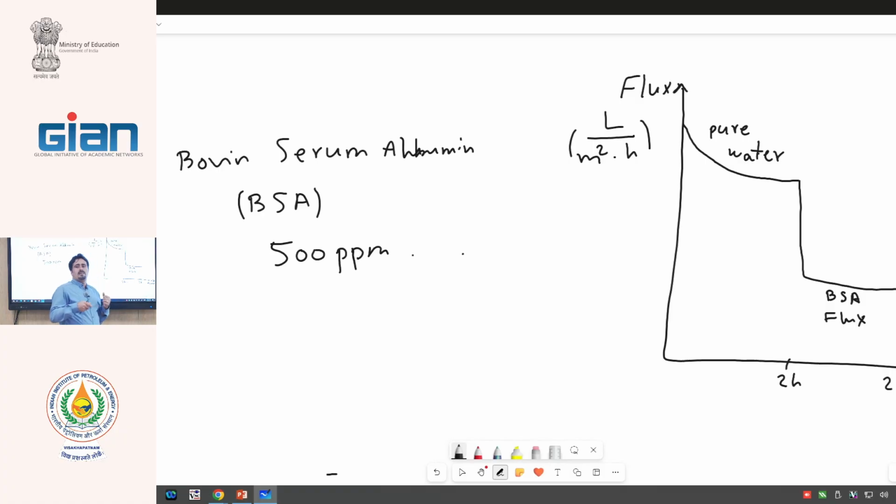Now, we separate the membrane from the cell and wash only with water. Only with water. We want to show how resistant our membrane is to fouling, and how it can recover its properties with washing.